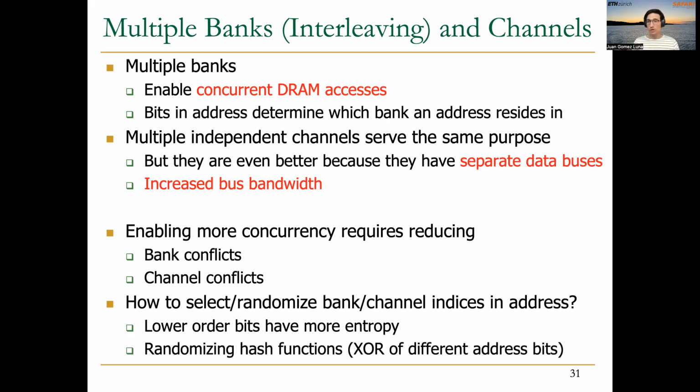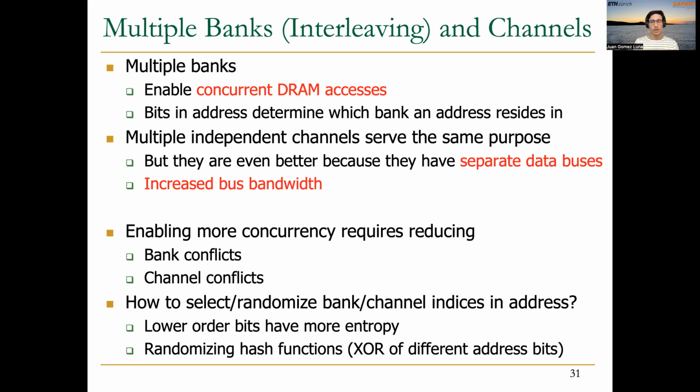There are techniques of avoiding or alleviating these potential conflicts, for example, randomizing with hash functions, basically applying XOR to different bits of the address, as well as what we normally do, which is assigning lower order bits to the banks and the channels, because they typically have more entropy.